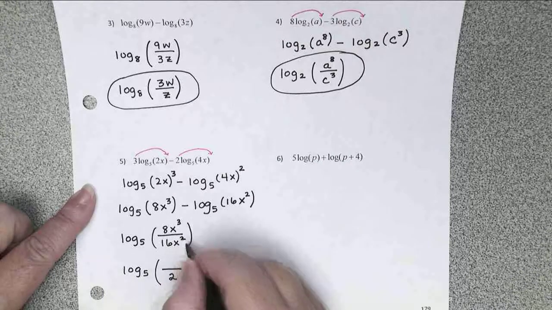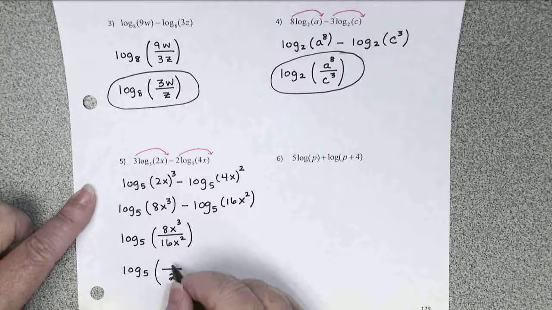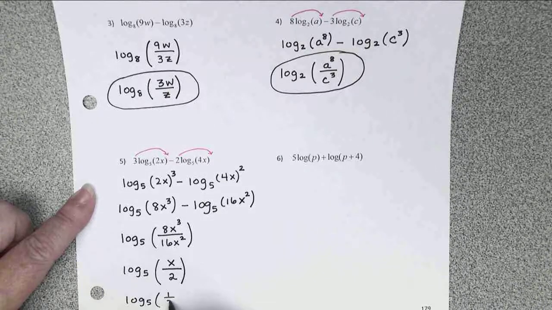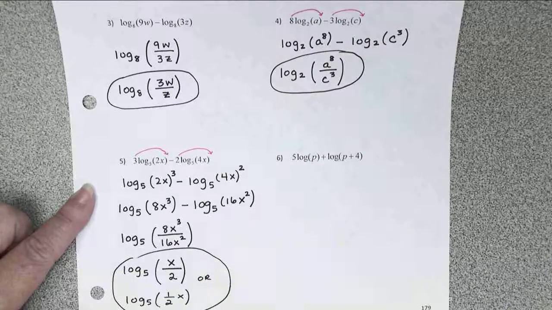And x to the third divided by x to the second, I subtract those exponents and just get x to the first. So my simplified collected form is just log base 5 of x over 2, or you could write it as log base 5 of 1/2 x. They mean the same thing, right? Either answer would be fine.